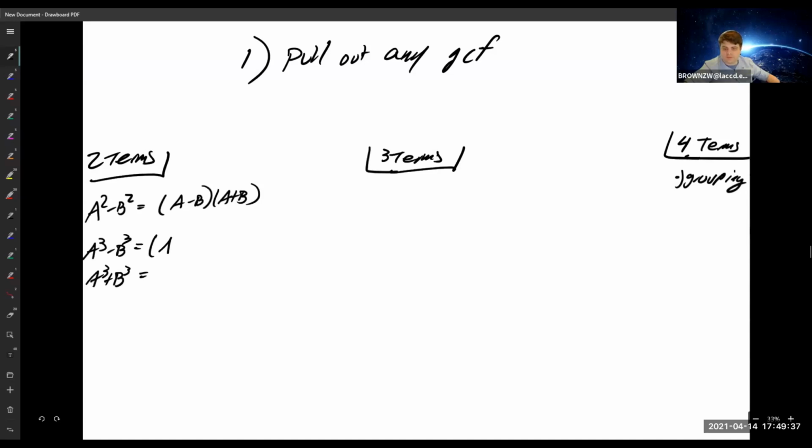So the difference of cubes was given by a minus b times a squared plus ab plus b squared. Or you have a sum of cubes, which factors into a plus b, and then you have a squared minus ab plus b squared.